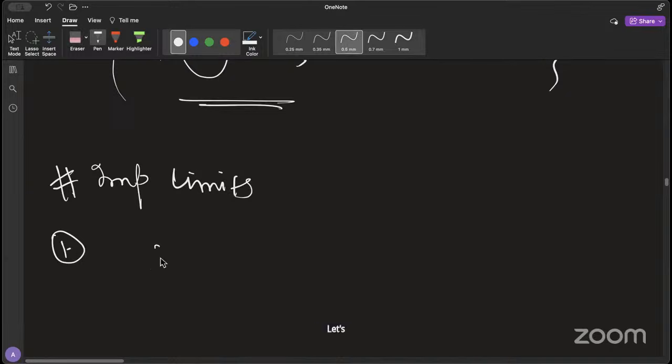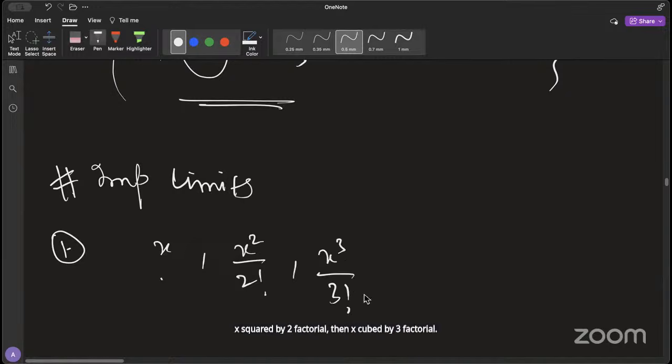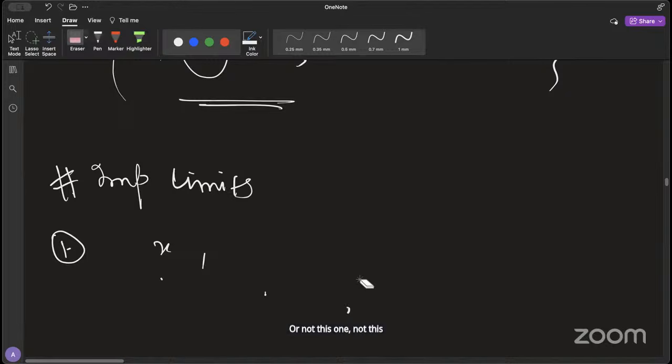Let's say I have this, x to the power k by, not x to the power k, let's take this, x by 2 factorial, x square by 2 factorial, then x cube by 3 factorial, or not this one, not this sequence, this one.